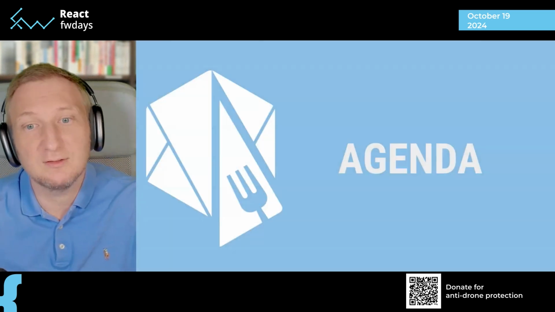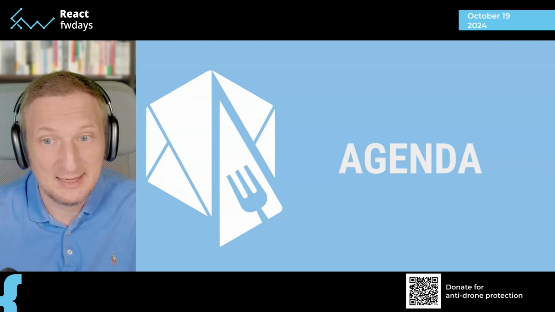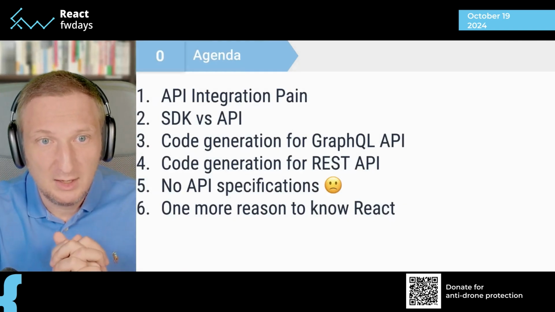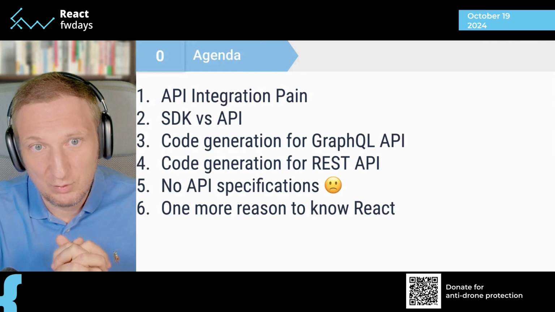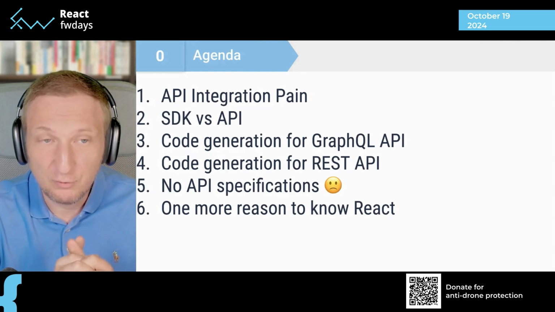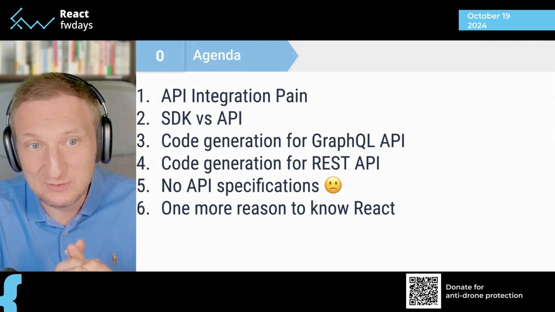But let's jump to today's agenda. What will we talk about? First, before I sell you a solution, I would like to highlight the pain we have during API integration.